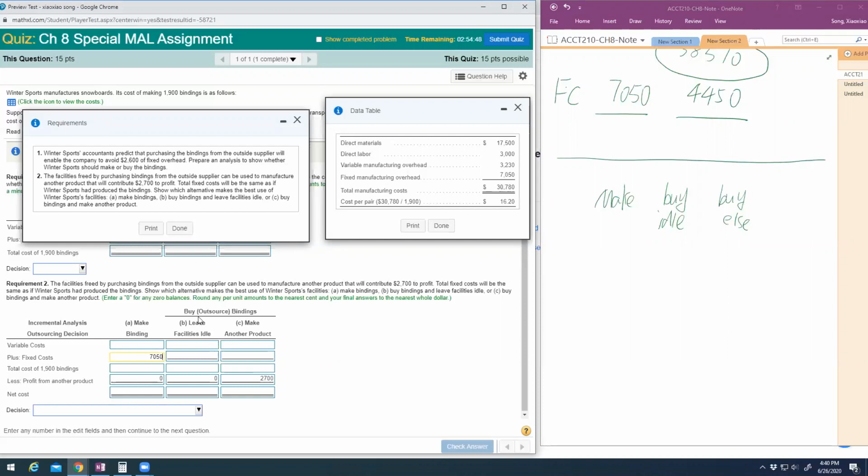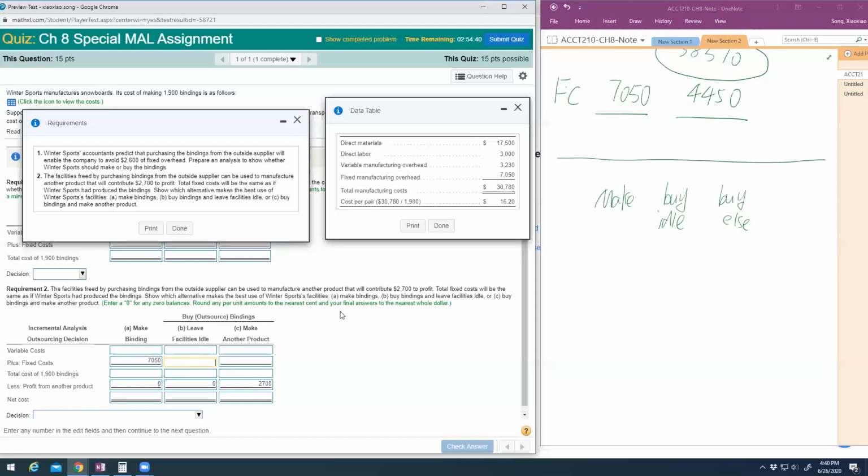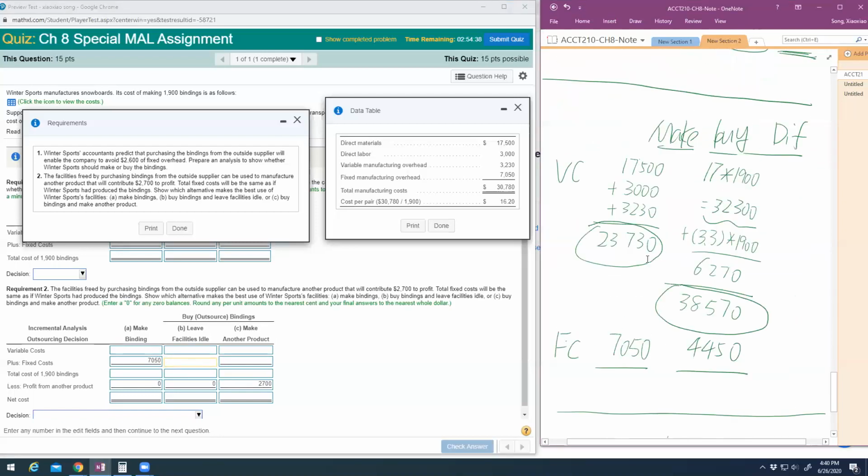If you buy and leave it idle, it will be 70.50 minus 2,600, right? We already discussed that it will be 4,450. We calculated it will be 4,450 there.